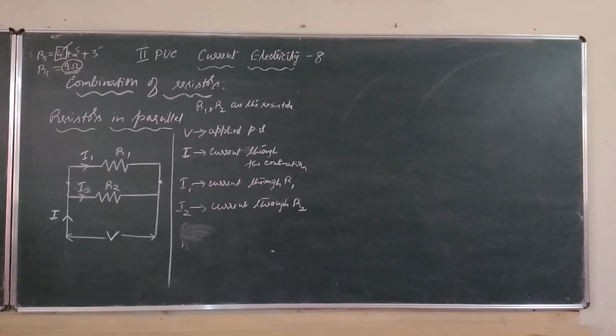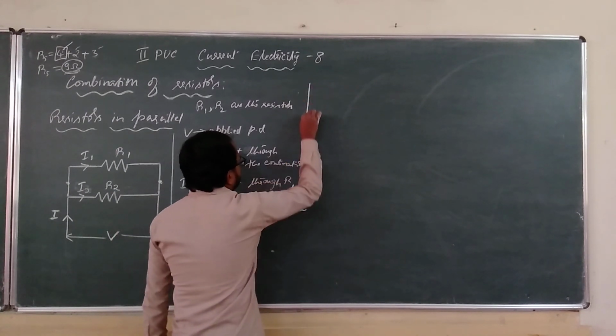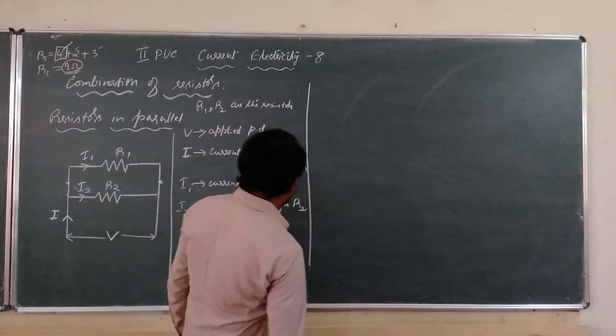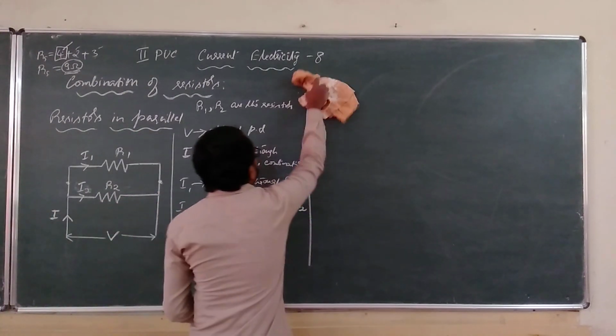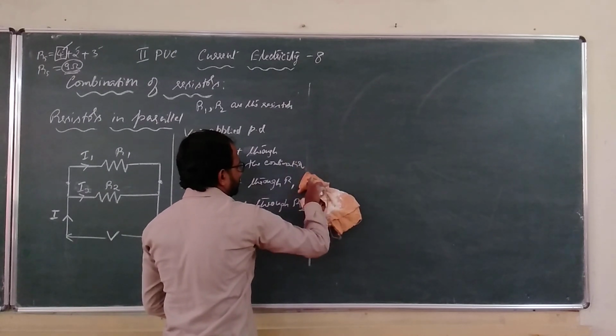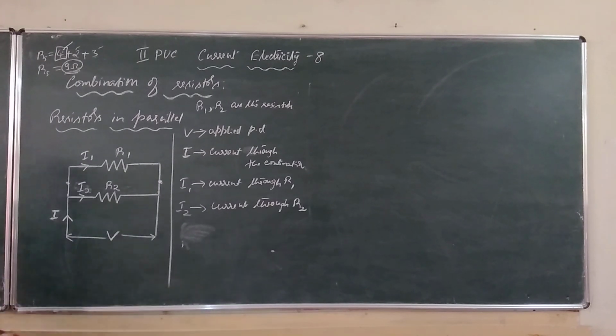So what about the total current? In case of capacitors in parallel combination, you start with charges. What is the total charge of the combination? It is Q, which is equal to Q1 plus Q2. The total charge is the sum of the charges present in individual capacitors.